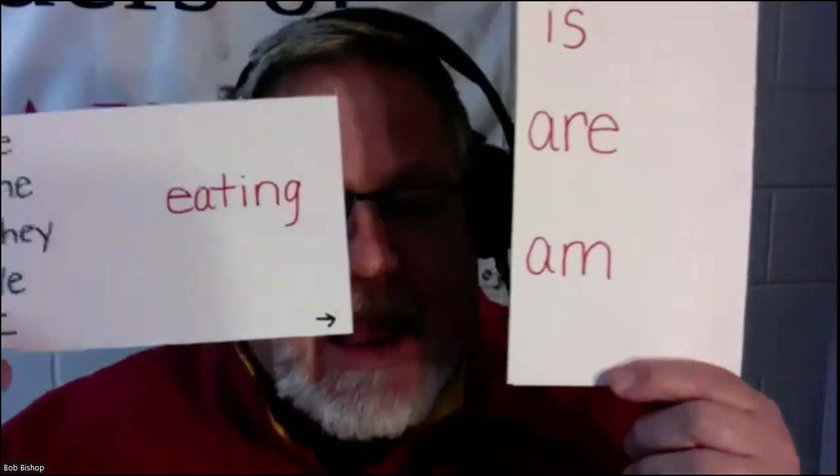I am eating. Now, the only time am is used is when it's referring to I. I am. There's no we am, you am, he am. It's always I. I am eating. Okay. And when we use are, it's plural.